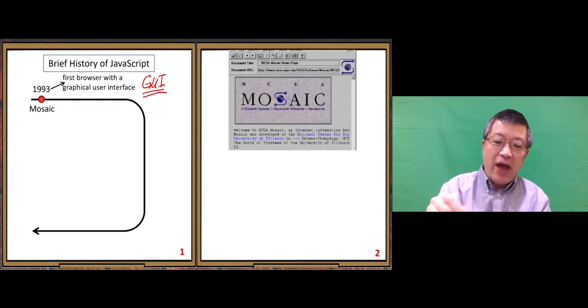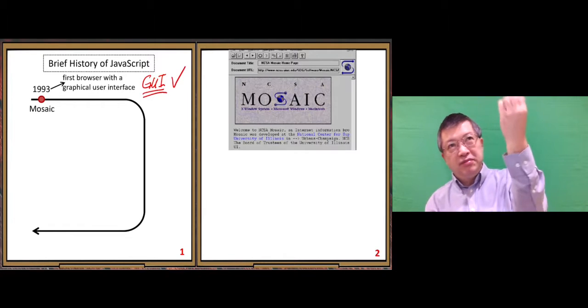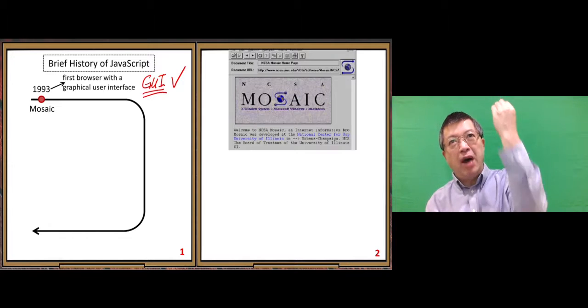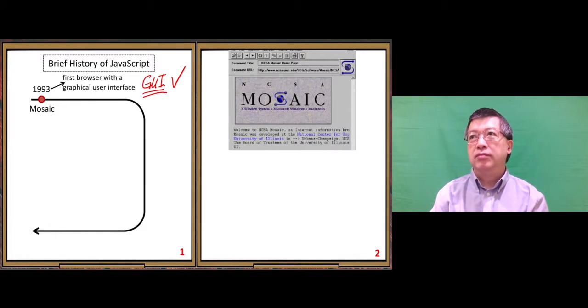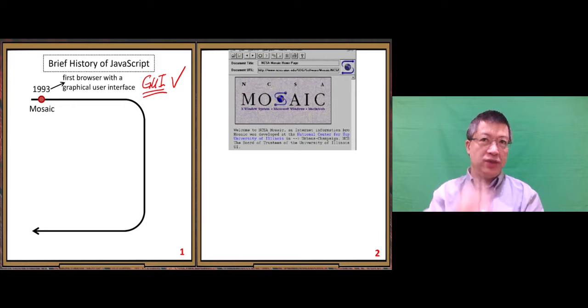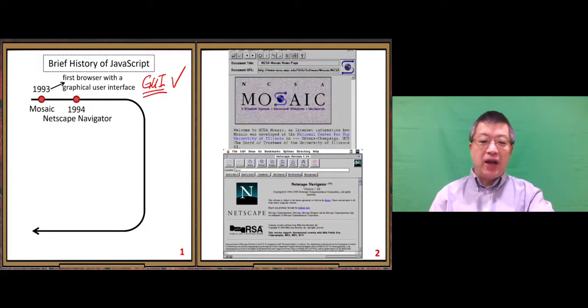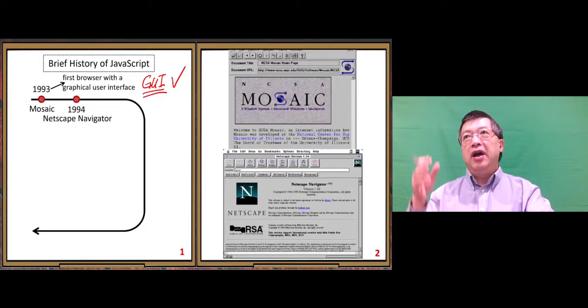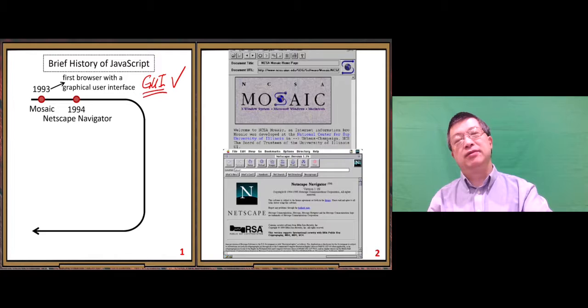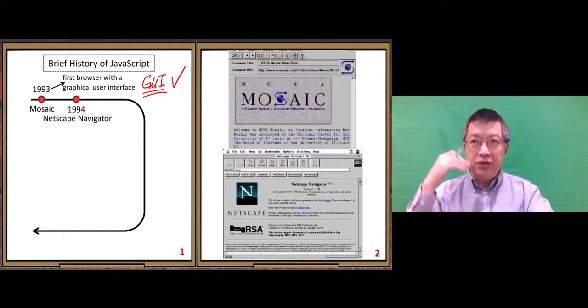So that is a really big, important milestone in web technologies. So that's 1993. After that, in 1994, an important web browser, Netscape Navigator, quickly replaced Mosaic.